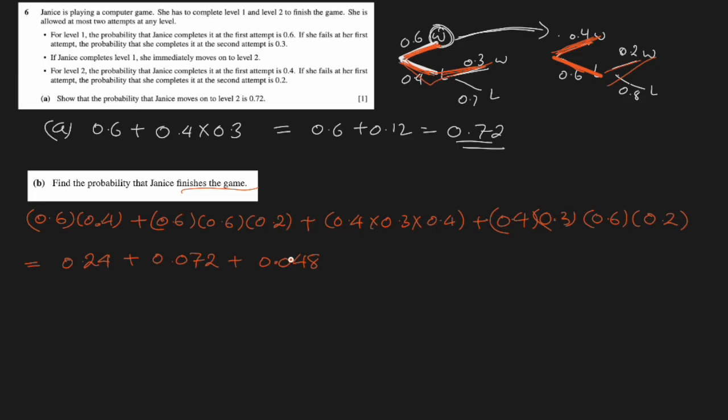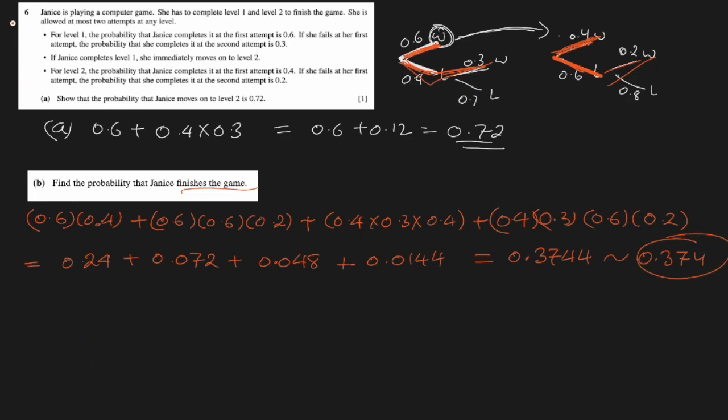Please, you can use a calculator. I am using mental math. I'm used to it, so please do not do that yourself. If I add all of these, I get 0.3744. You can round it off.